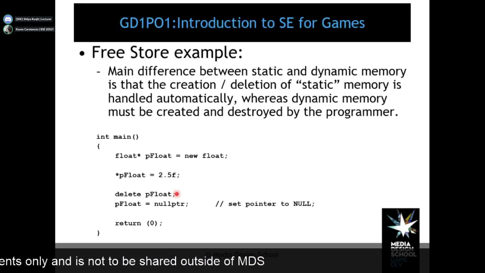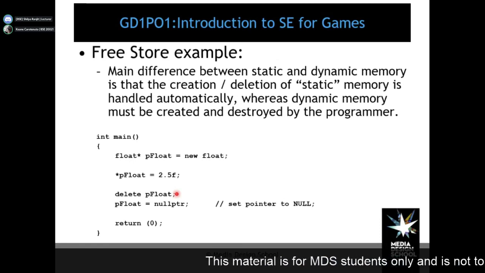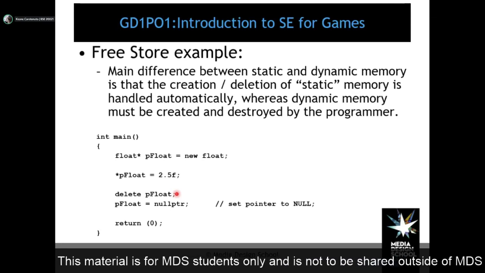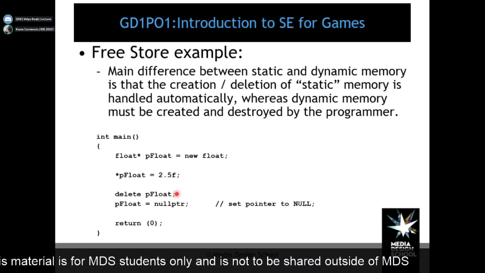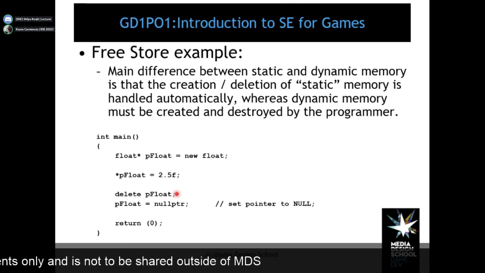We're not sure where the pointer could point to after you've given the memory back to the heap. It could be pointing anywhere, because unless it uses a new, the pointer cannot point to a memory in the heap.